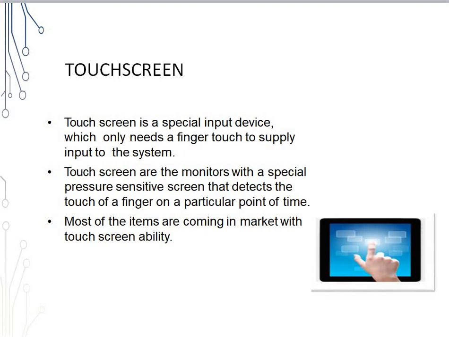It's somewhat like a monitor where you can touch and give information or request something. Most items in the market come with touchscreen ability. Yes, in today's scenario, you can hardly find a normal screen. Touchscreen is a normal thing nowadays. Even mobile phones are touchscreen.